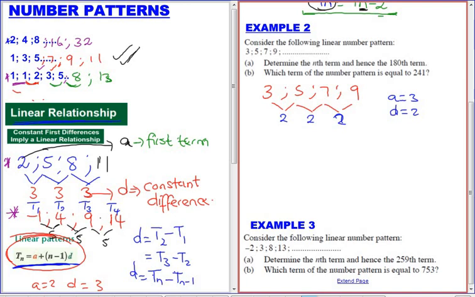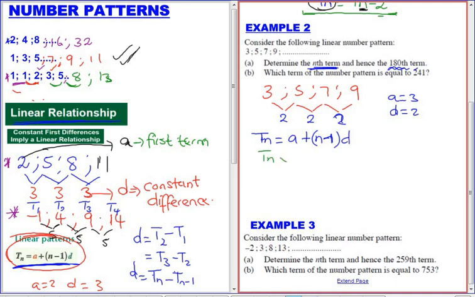Those are the things you really need before we start answering. The first question is asking you to determine the nth term, which is the same as saying the Tn or the general term, and also find the 180th term. Let's find the general term first. We go into the formula, make the necessary substitutions, and get all the marks.